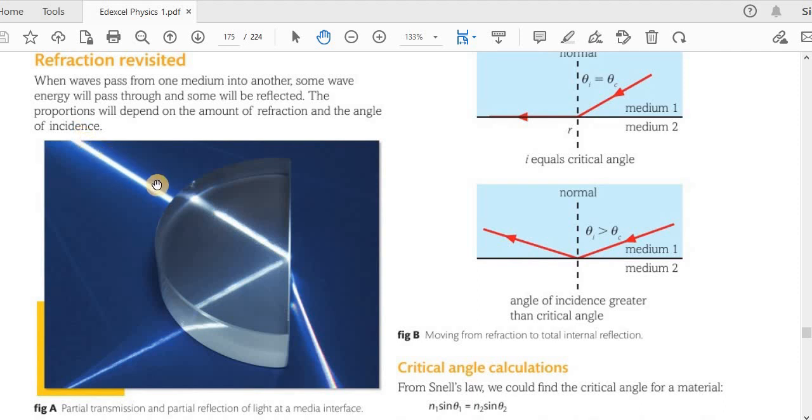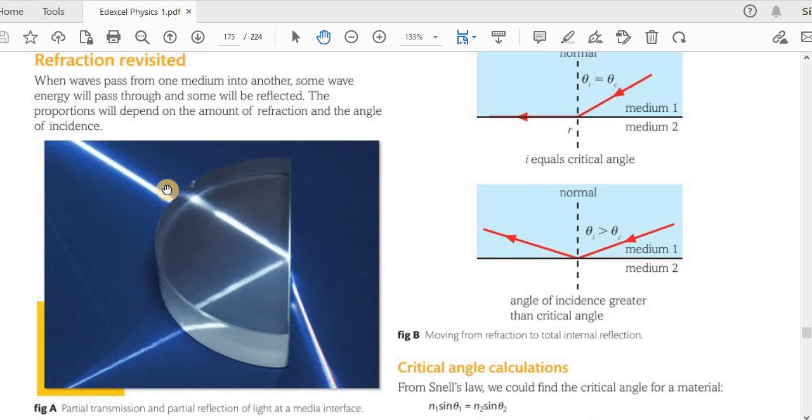We have an incident ray that is striking the circumference, that is over here, the curved surface here, perpendicular to it. In other words, it's coming along the normal. So when it comes along the normal, even though it goes from one material to another material, there won't be refraction. It doesn't change direction because it's coming along the normal.